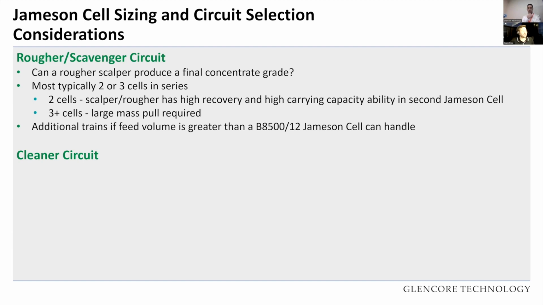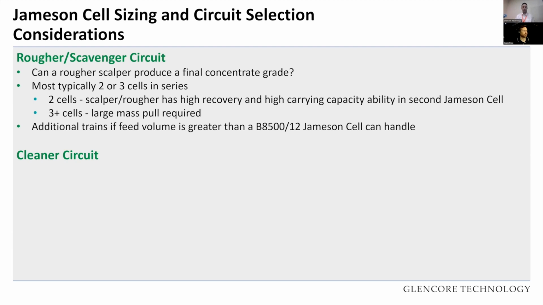And then typically we would have at least 2 to 3 cells in series, either scalper rougher. If we have a scenario where the first cell we know has a high recovery, 70 sort of plus recovery, and it might be a low carrying capacity scenario, maybe something like gold, where we're going to have a heavily sufficient surface area available in 2 cells and there isn't a need for 3.